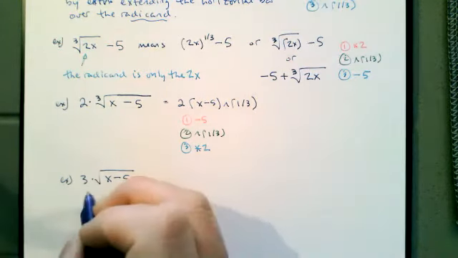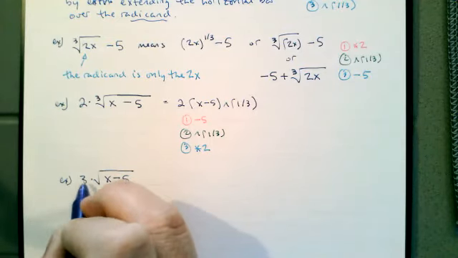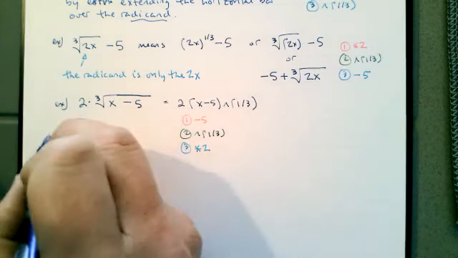So here, this raises the question. Make sure to distinguish between your coefficient and your index, because for square roots, the index is blank.